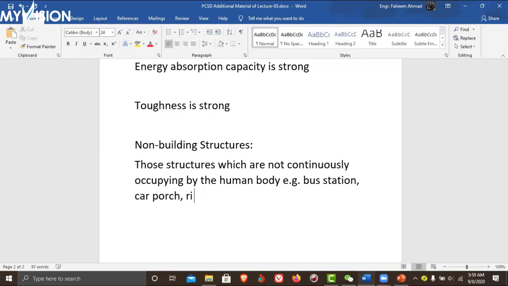Like bridges, offshore structures, etc. Okay.